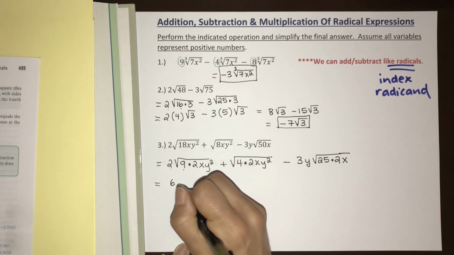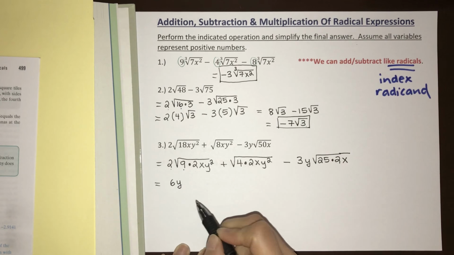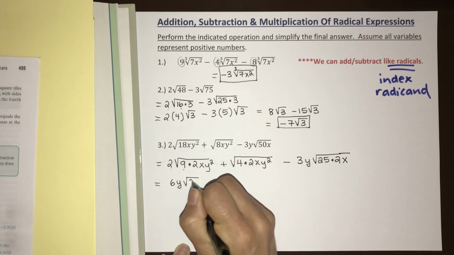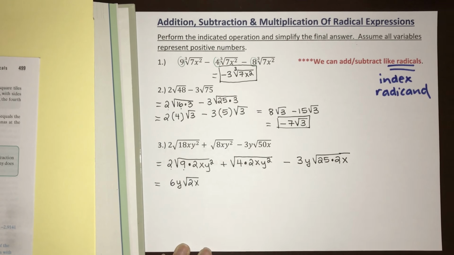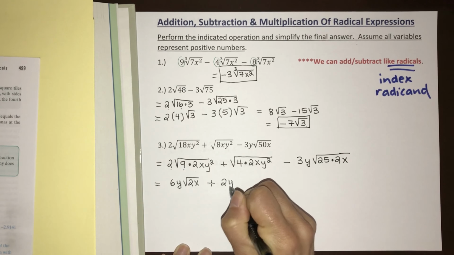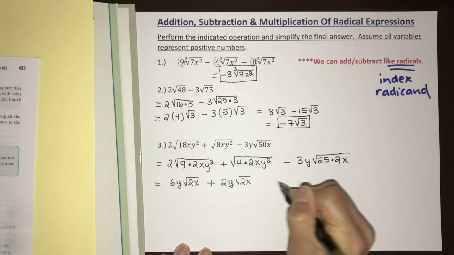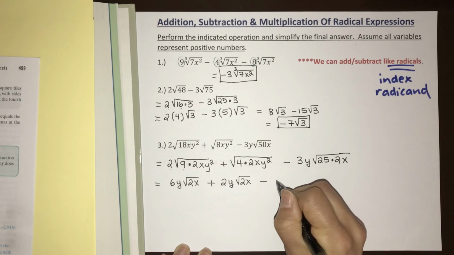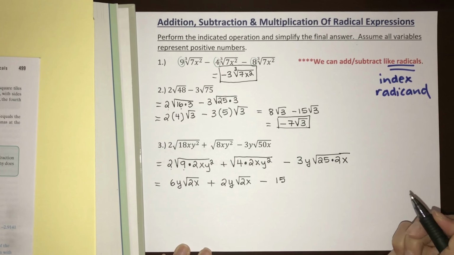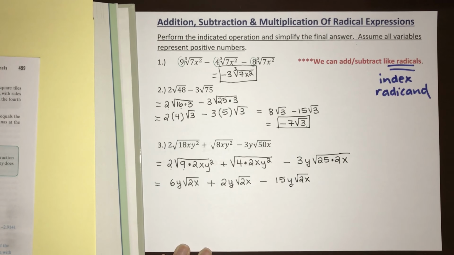Square root of y squared is y. Whenever you take the square root, whatever you get goes on the outside. 2x has to stay on the inside. Plus 2y times the square root of 2x minus 15y times the square root of 2x.